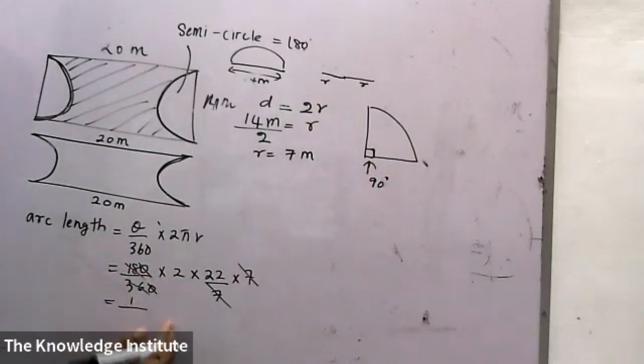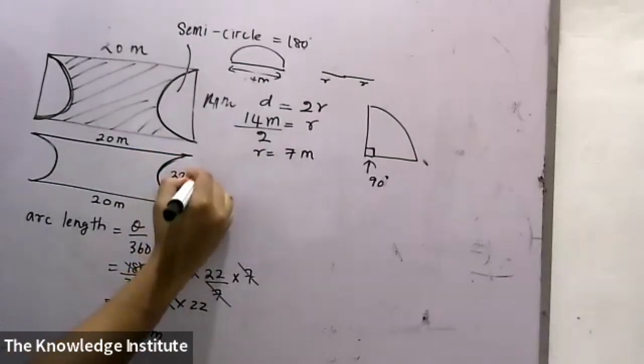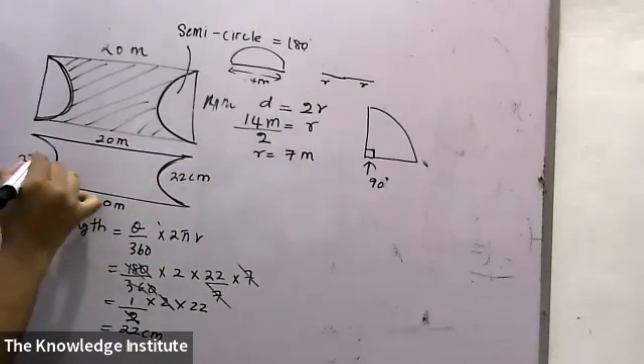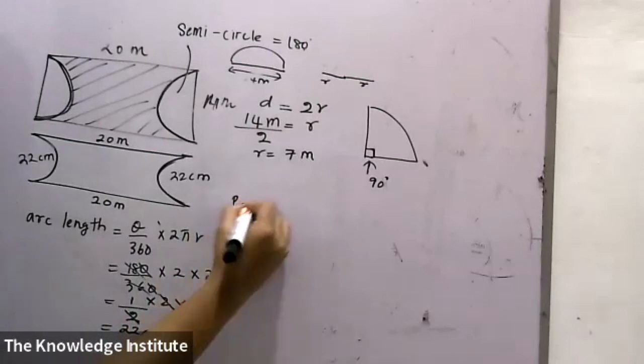So let's get back to the simplification. 0, 0 cut off. 18 divided by 18 is 1. In 36 we have twice. 2 into 22, right? I'm going to cut off this 2 and 2. Therefore, our arc length will be 22 centimeters. Where this portion's value is 22 centimeters, and here also the arc length will be 22 centimeters. Now, can we find the perimeter?